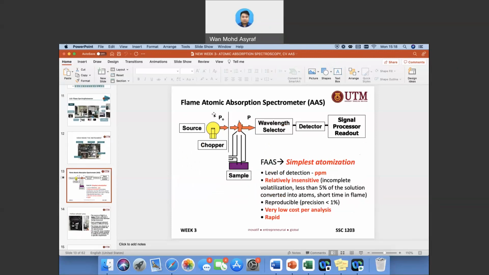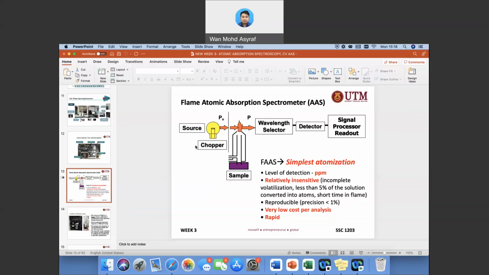This source is a line source. A line source means that this light source produces just one kind of wavelength. If you are detecting arsenic, the light source must be an arsenic hollow cathode lamp.